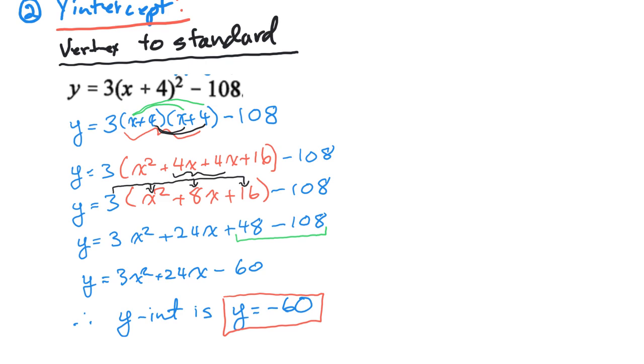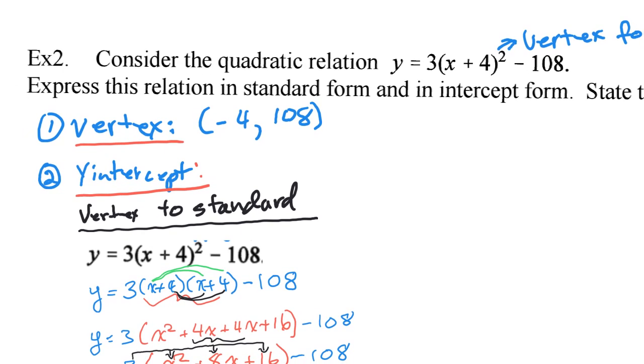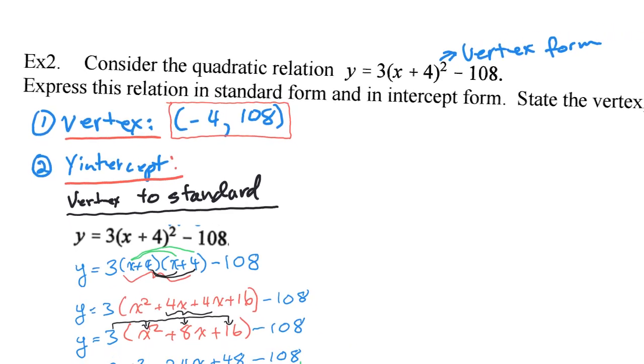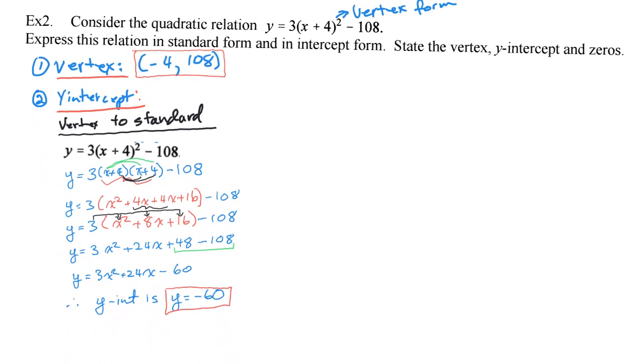And then what else should we do? We should go back up here and make sure we highlight what our vertex is. Because a lot of times you can't see it, and maybe when I'm reading your tests, I won't be able to see it. So now that we've got our relation to find our y-intercept, we also have the equation in standard form. So why don't we highlight that as well? So this is your standard form.